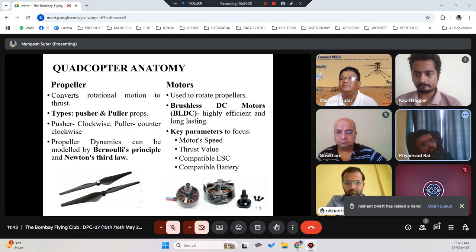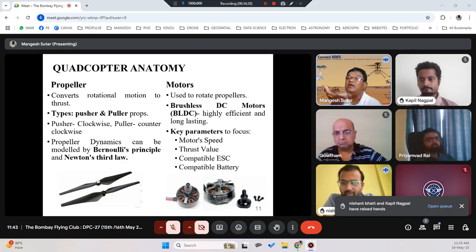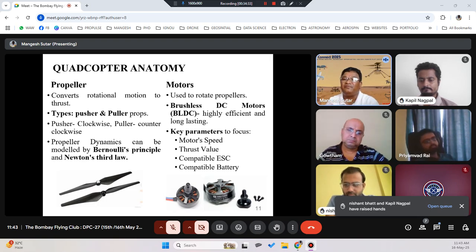Yes, Nishan. Double of that. 12. 6 kg is for one motor, so 6 into 4, 24. So 24 is the capacity at one rate, but 48 divided by 2, so 12 will be the actual weight of that drone, including payload. You cannot exceed beyond 12. You should never exceed beyond 12, because that is where we are using 50% of efficiency.